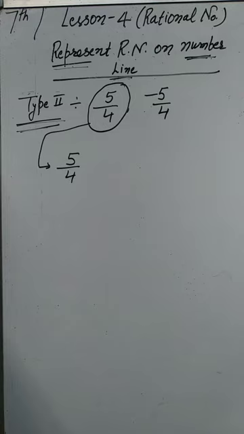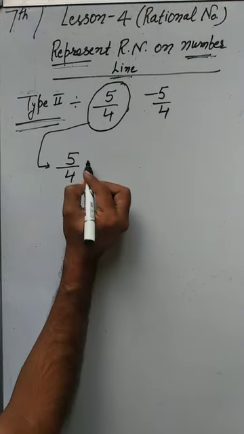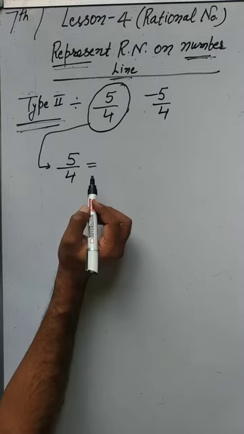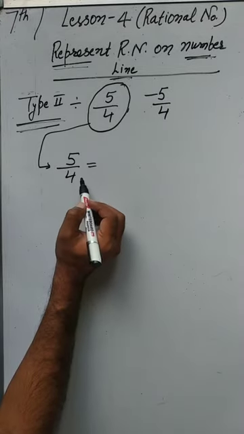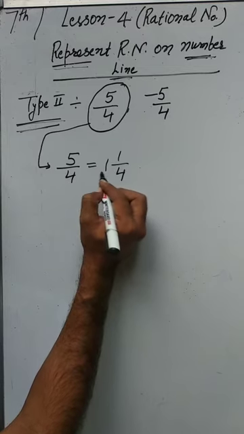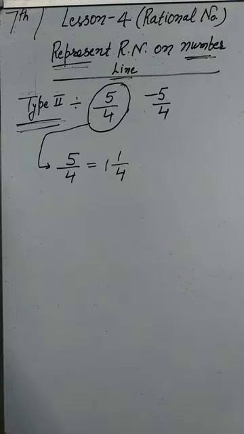First of all, beta, in your rough work, you have to write 5 upon 4 in the form of a mixed fraction. When I write it as a mixed fraction, it will be 1 and 1/4.